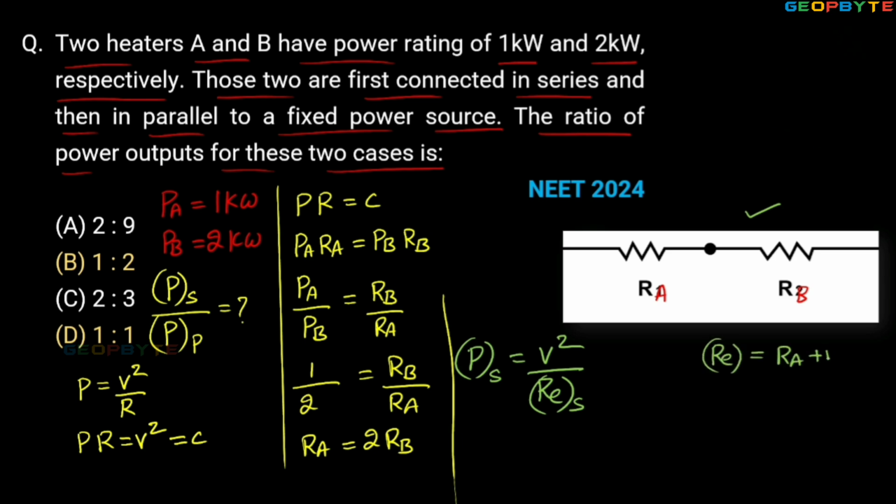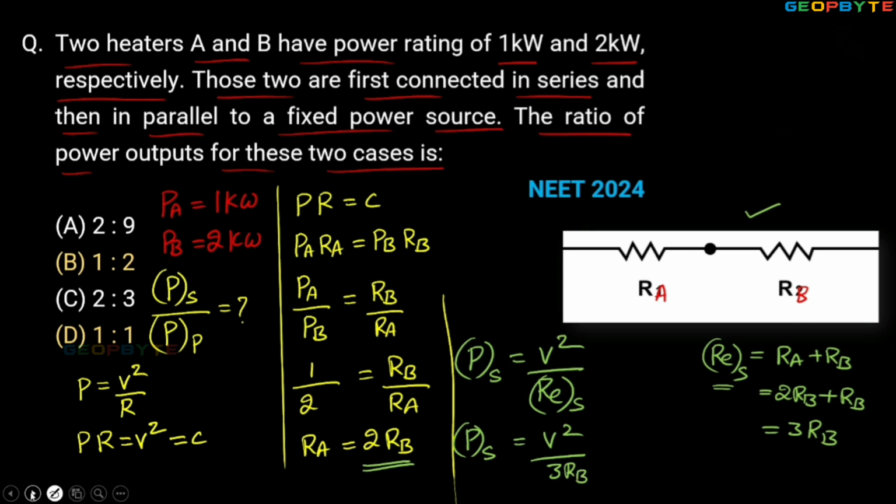RA plus RB. Look at RA: RA equals 2RB plus RB, which equals 3RB. That is the equivalent resistance for the series arrangement. Then power with the series arrangement equals V square by 3RB. Understood clearly?